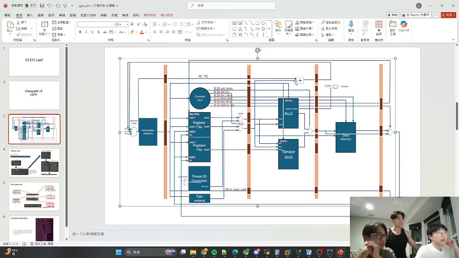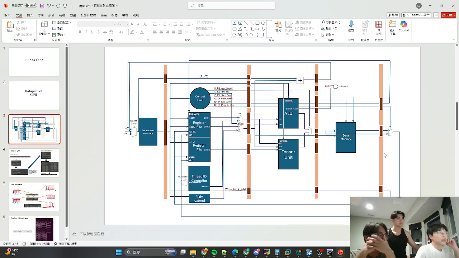And this is the adder for our BTA and JTA. Basically, our MEM stage and writeback stage are almost the same as our previous CPU design.